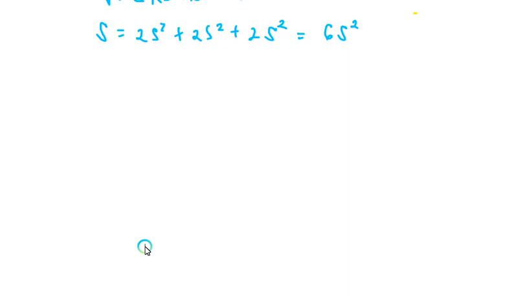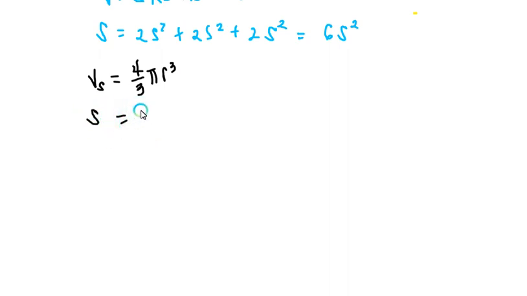So if we talk about the volume of a sphere, I will not do the derivation, but I'll give you the formula for the volume of the sphere. Volume of the sphere is equal to 4/3 pi r cubed. Next, we have the surface area of the sphere.